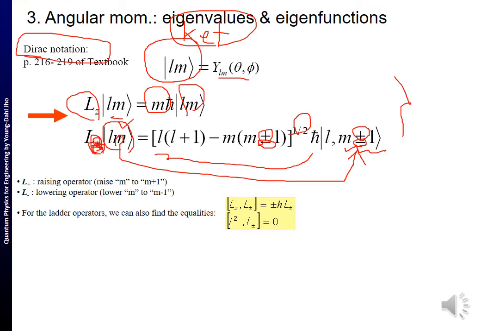We just take it and apply it to our specific case. So that's why L plus is named the raising operator. It raises m to m plus 1. L minus, the lowering operator, lowers m to m minus 1. So they are named ladder operators.